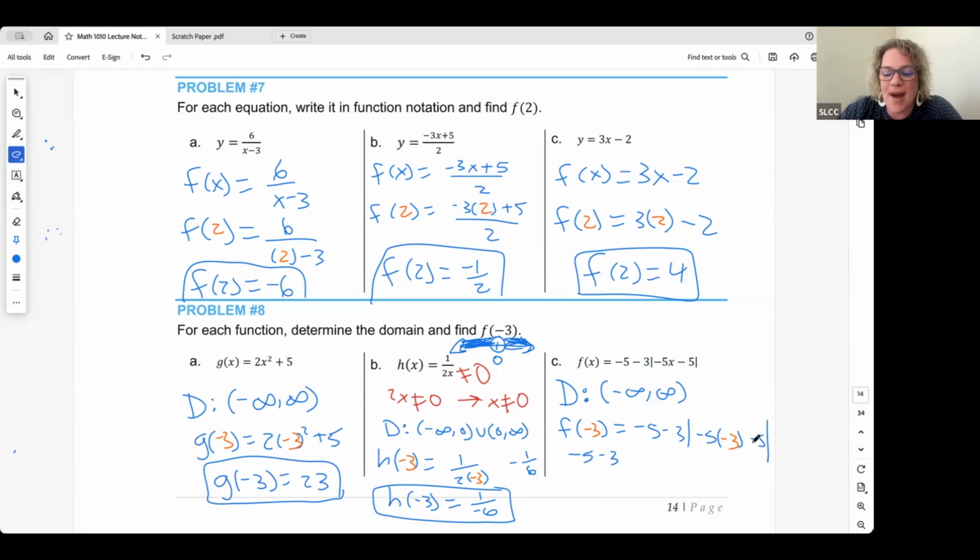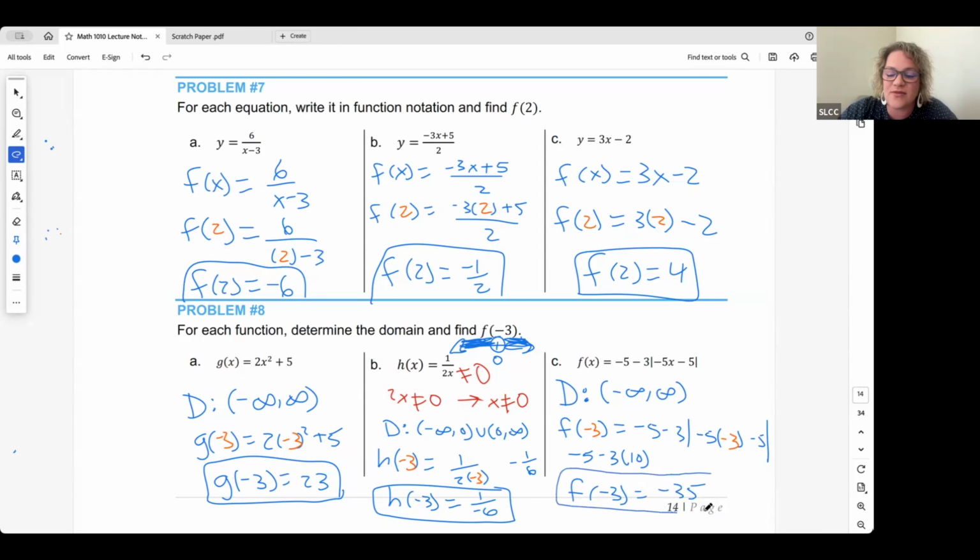So 15 minus 5 would be a positive 10. Once I've done all of that cleanup inside, then I can take it out of the absolute value, and this would just be times a positive 10. Then negative 3 times 10 is negative 30, and minus another 5 is negative 35. So f of negative 3 equals negative 35.